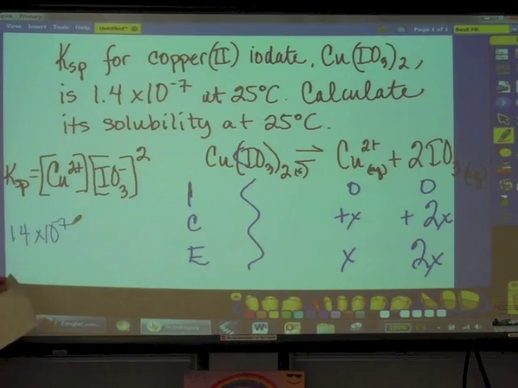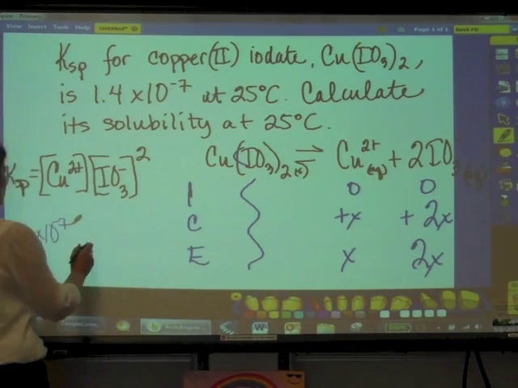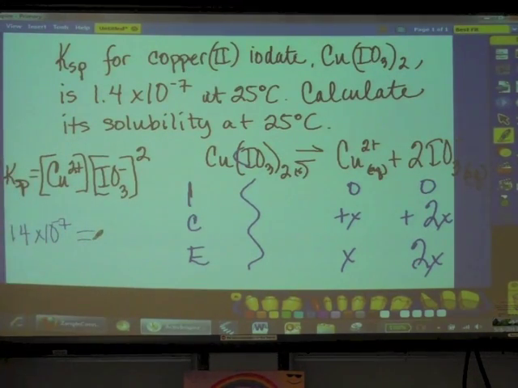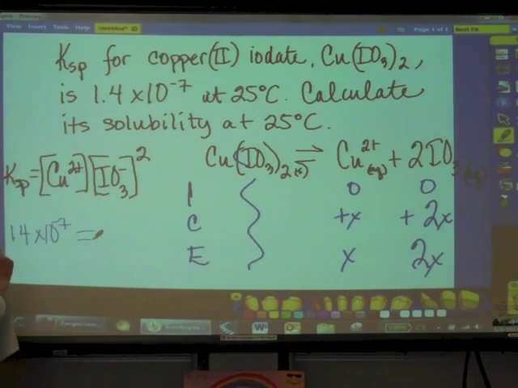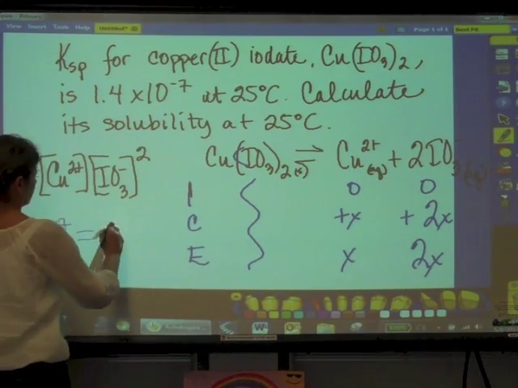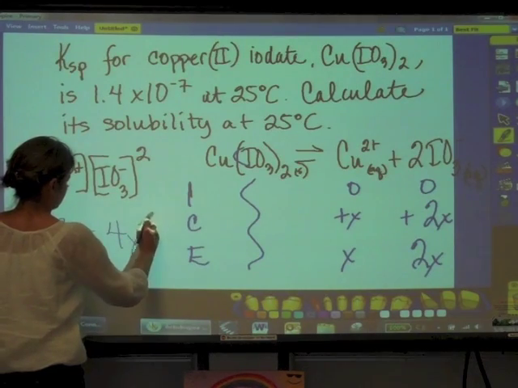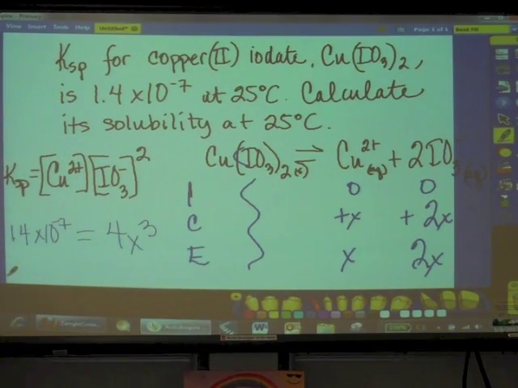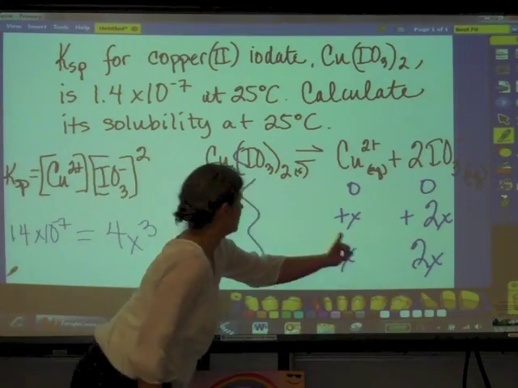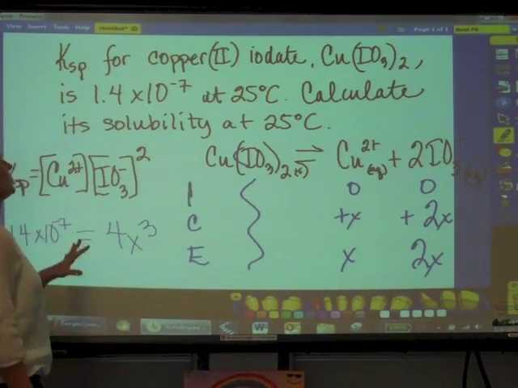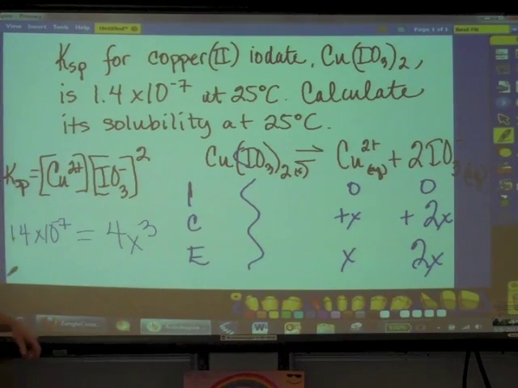Ooh, this side of the board doesn't do well with the pen. Is equal to, what do I have here? x times 2x squared. So from that, I've plugged in x and 2x, which gives me 4x cubed.